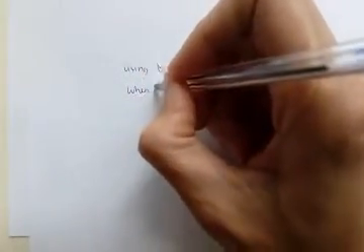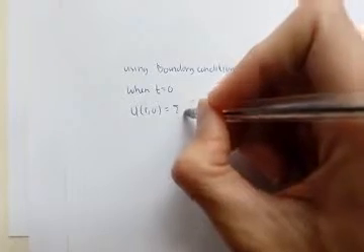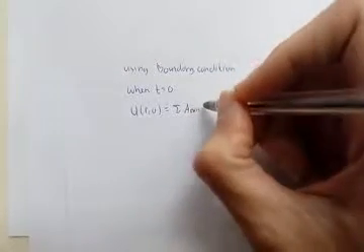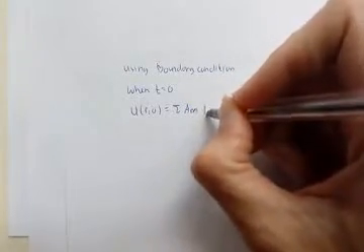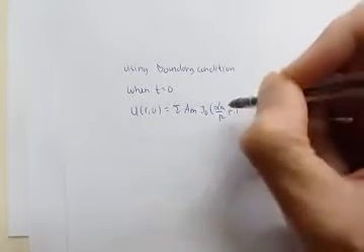So when t equals 0, u(r,0) will equal the sum of a_m J naught of alpha m over R times r.